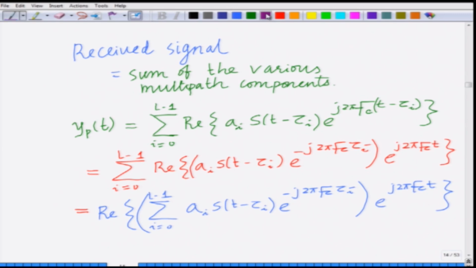And now if you look at this received passband signal, you can see that this is the carrier component, or modulation by the carrier, and this is the complex baseband part.